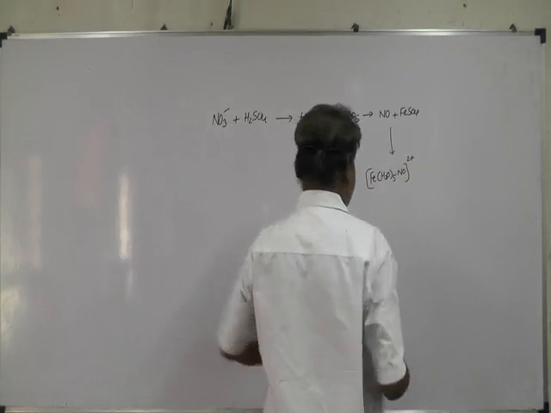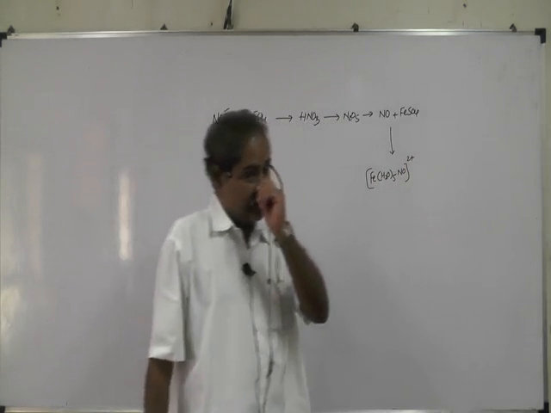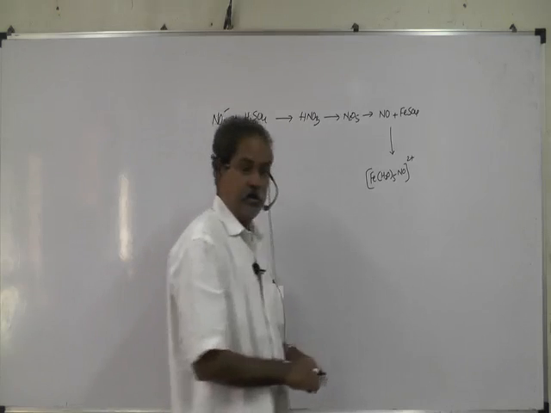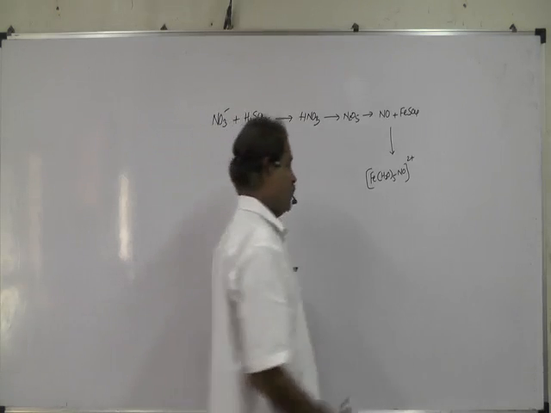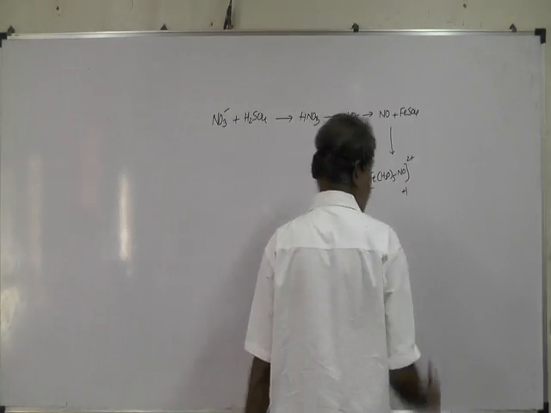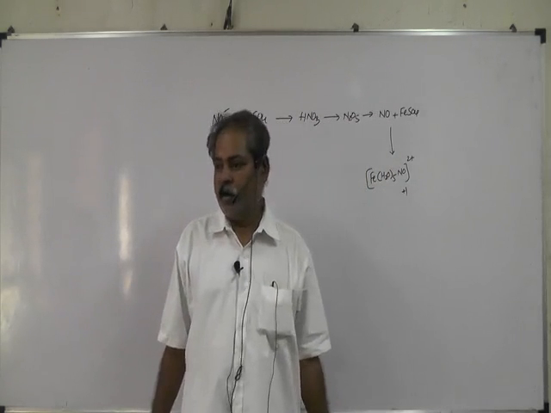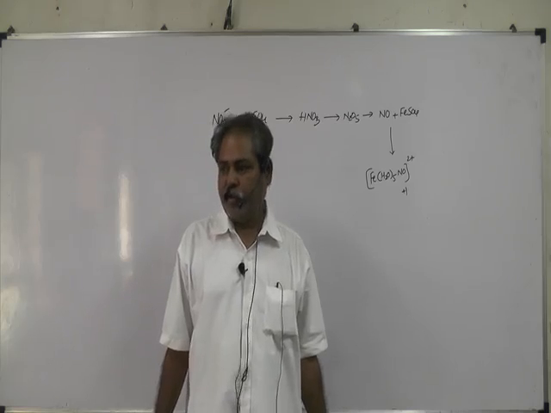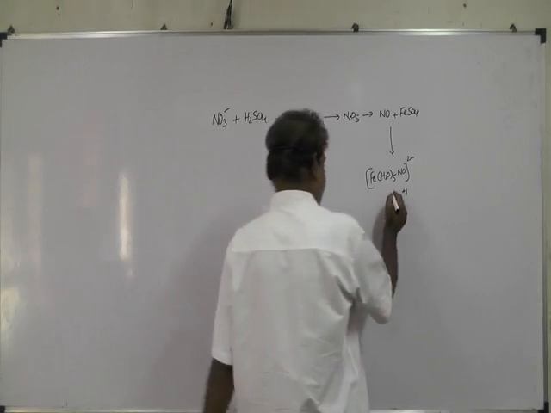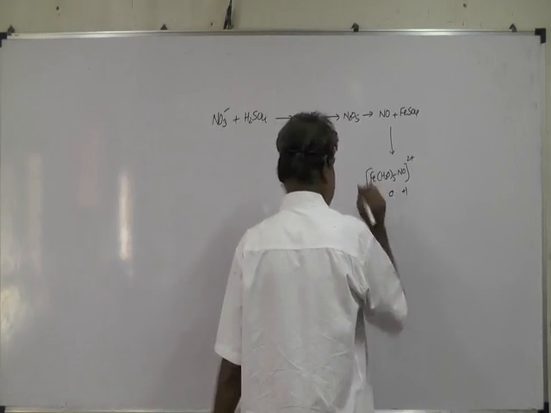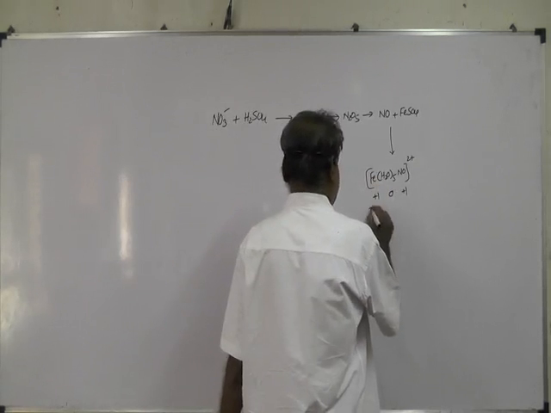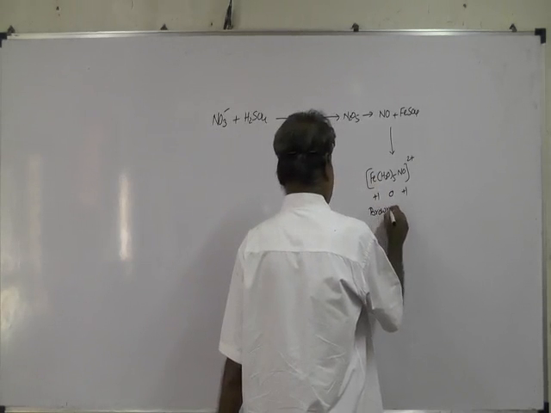What is the oxidation state of iron here? Plus 1. Because NO is NO+. Why? NO wants to become NO+ because bond order increases from 2.5 to 3. And a brown ring is formed.